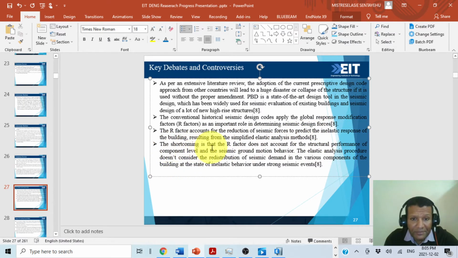The shortcoming is that the R factor does not account for the structural performance at component level and the seismic ground motion behavior. The elastic analysis procedure doesn't consider the redistribution of seismic demand in the various components of the building at the state of inelastic behavior under strong seismic evaluation.